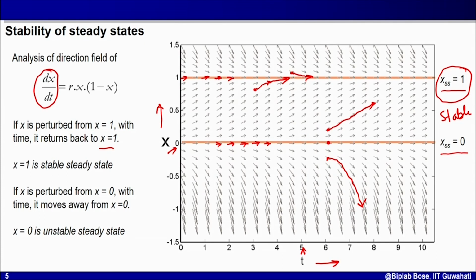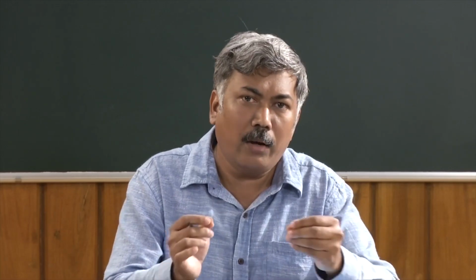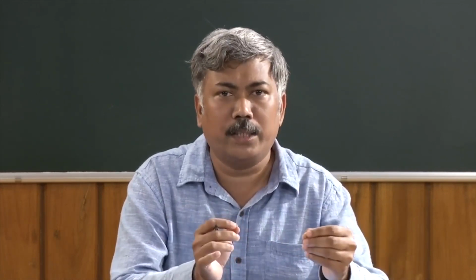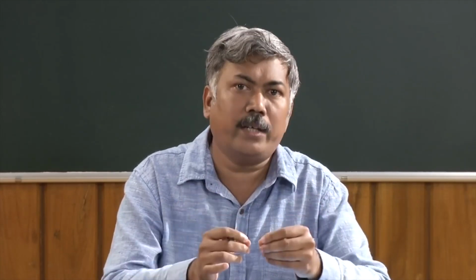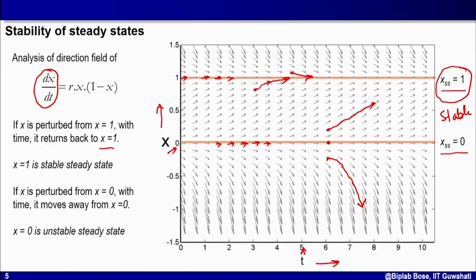As you can see in this direction field, the arrows are telling me that if I change the value of x slightly away from 0, it will move away from x equal to 0. That means if the system is at steady state with x equal to 0 and you slightly perturb it, the system will not stay at x equal to 0 anymore. It will not come back to x equal to 0. Rather, it will go away from it. So that's why x equal to 0 is an unstable steady state.